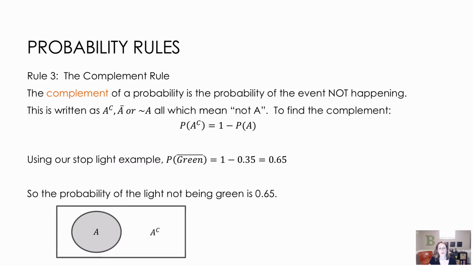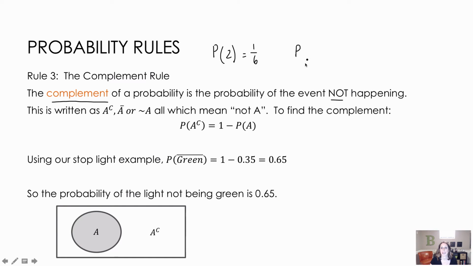Our next rule, rule 3, is the complement rule, and this really piggybacks off of the rule that we just talked about that says that the sample space is equal to 1. So the complement of a probability is the probability of the event not occurring. So for instance, the probability of rolling a 2 is 1 out of 6 on a regular die.